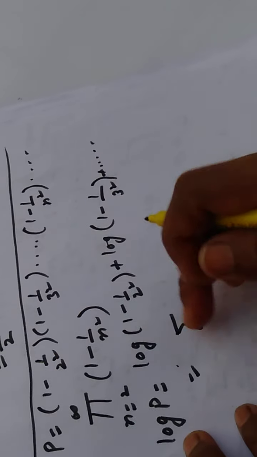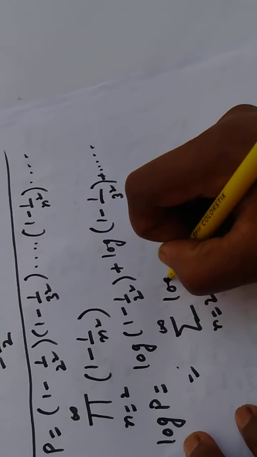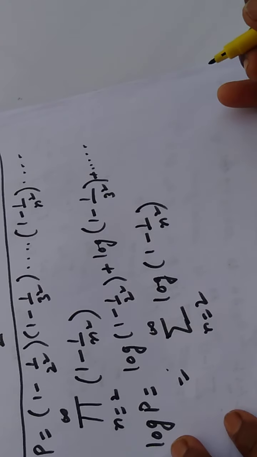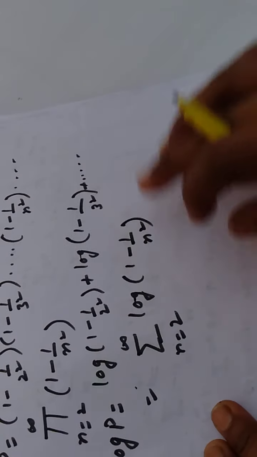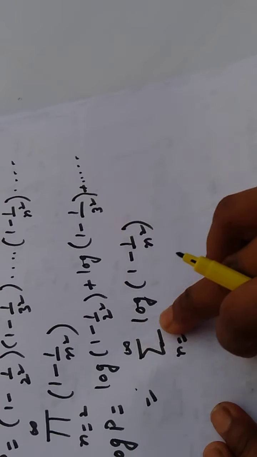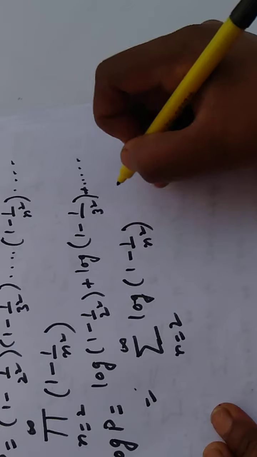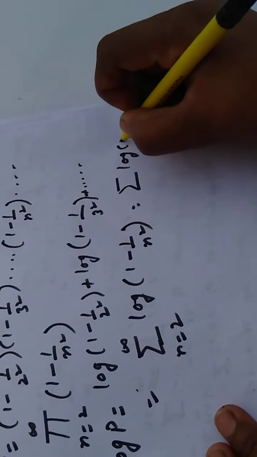So this product is converted into the summation, n varies from 2 to infinity, of log of (1 minus 1 by n square). Now compare it. Now we shall check the convergence or divergence of this infinite series. We will apply here this type of expression, log of (1 minus x). This type of expression is there.